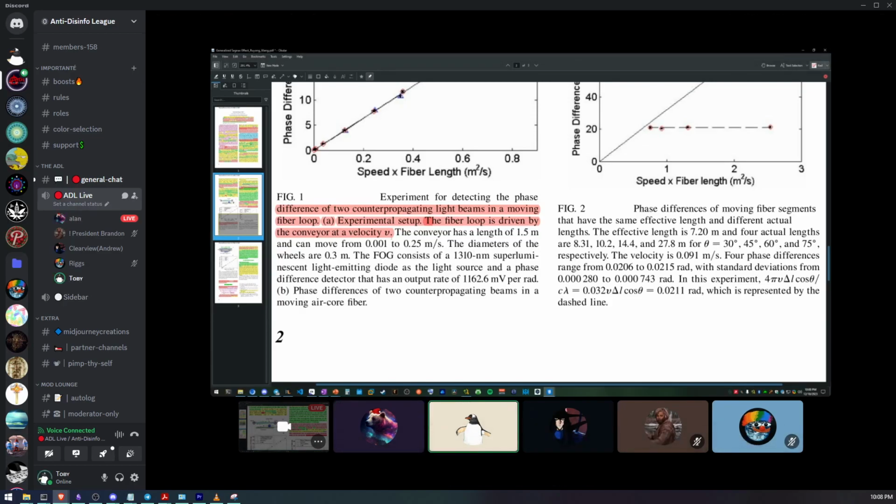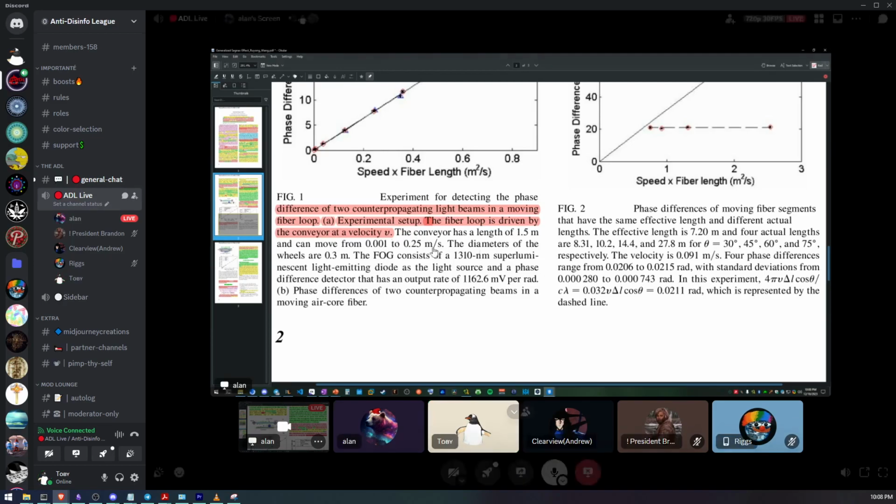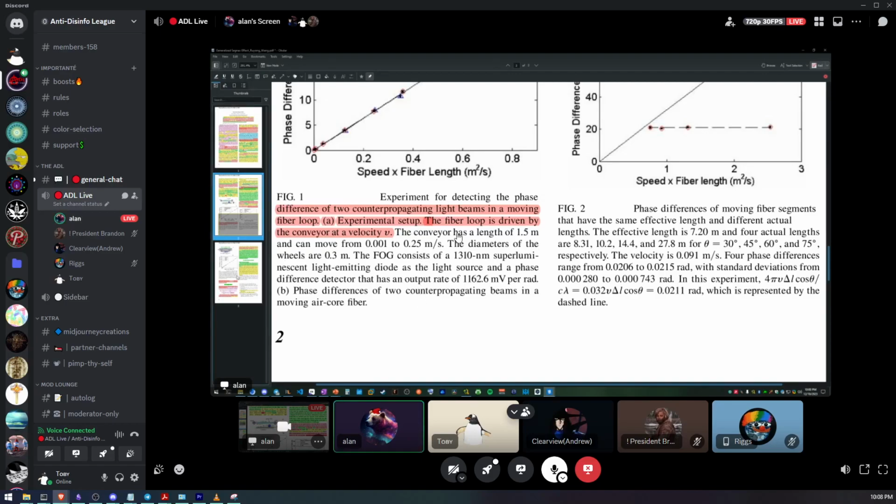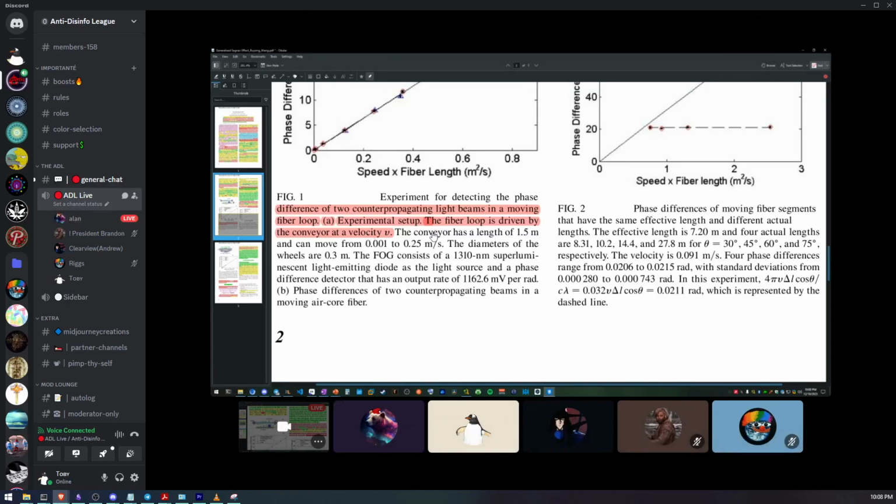So we still got one page to go where he talks about the special case that this is. Yeah, so we'll see what's up here. So the conveyor has a length of 1.5 meters and can move from 0.001 to 0.025 meters per second. The diameter of the wheels is 0.3 meters.